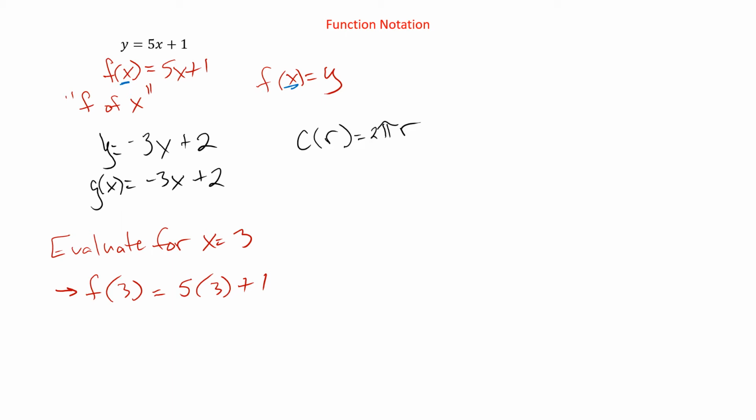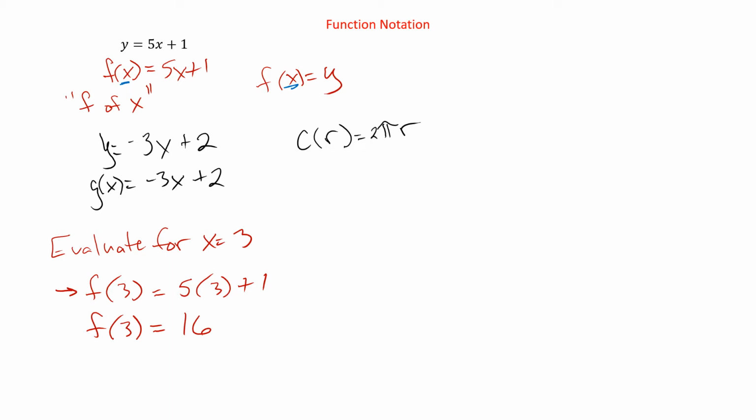It will not be separated at all. You will never have f equals something. It's always f of something will equal something. So 5 times 3 is 15, plus 1 is 16, so we get f of 3 equals 16.